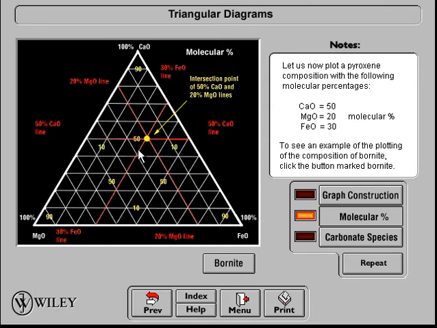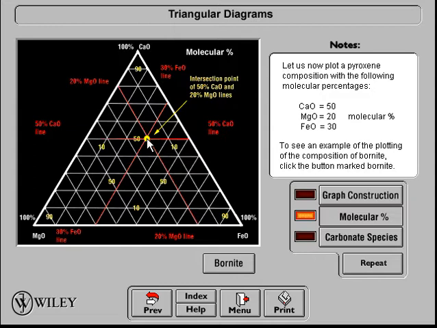That is the 30% iron line, and that is the 20% MgO line. And then we have a mixture of all three components, and the intersection point of the 50% calcium and 20% magnesium line, as well the 30% iron line plots then here.